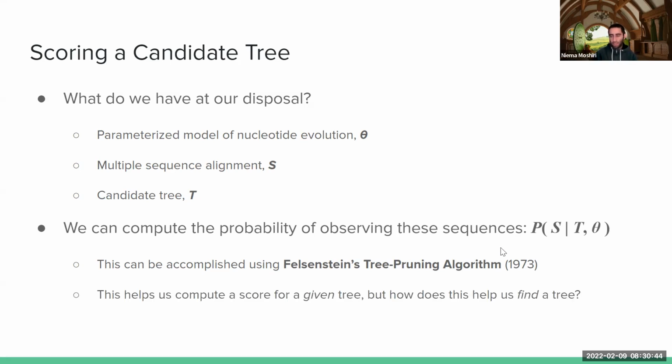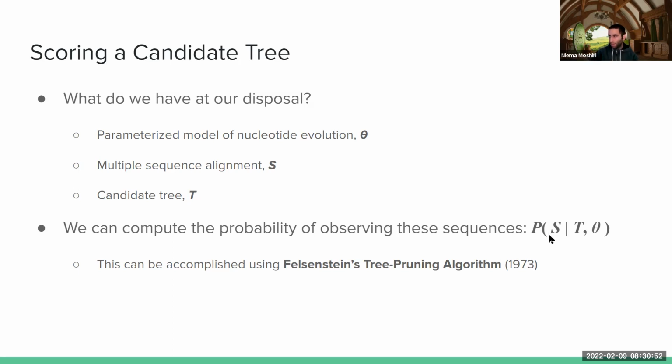I don't want to get into the nitty gritty of how this algorithm works, but just trust me that there exists a very efficient algorithm where if you gave me a multiple sequence alignment, a tree, and a model of evolution, I can compute the probability of observing that multiple sequence alignment given the tree and that model.